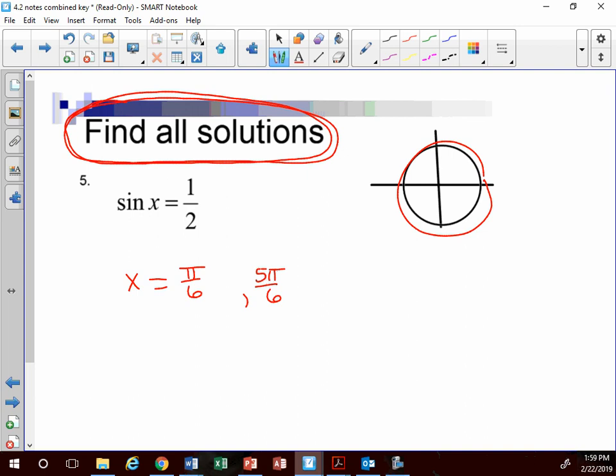So do you remember what we did with our domain when we were talking about asymptotes and they kept going forever and ever? How do we write domains? X such that X is an element of the real numbers, plus or minus something with a K. How far is it all the way around the circle?